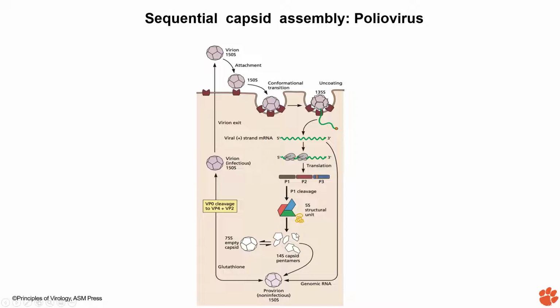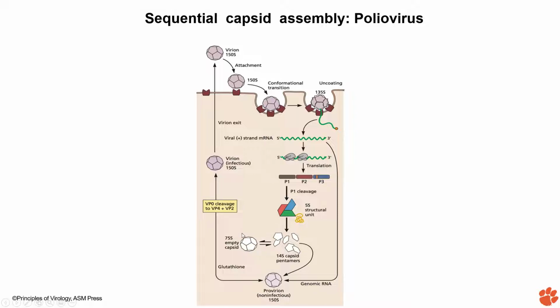On the other hand, on an experimental basis, this could be some of your critical thinking questions. If you form these 14S capsid pentamers in an in vitro assembly reaction and you add the cell extract, you will form those structures, the 75S empty capsid. Now, when the 14S capsid pentamers are forming, if you exogenously add the genomic RNA at that time, they will form the provirion.